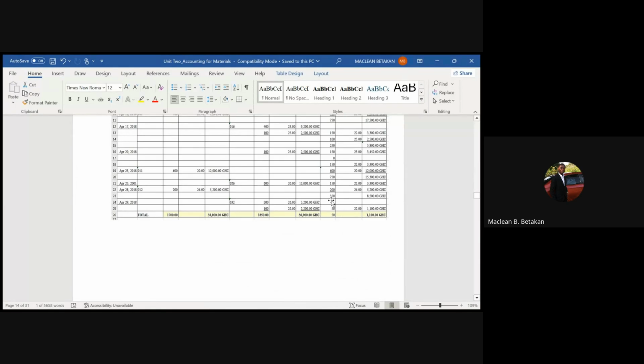So many times, LIFO is valued at the lowest than the FIFO. And this is as a result of the common inflation we are experiencing, because the transaction you incur at the beginning of the month or a year, by the time that period is ending, that cost will have increased. That is why you are valuing the LIFO at a lower cost than the FIFO.